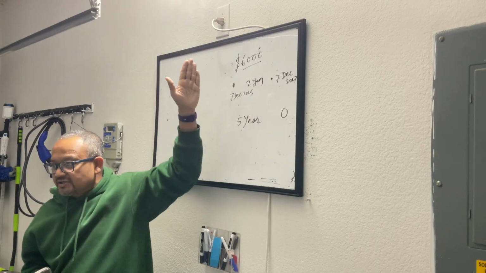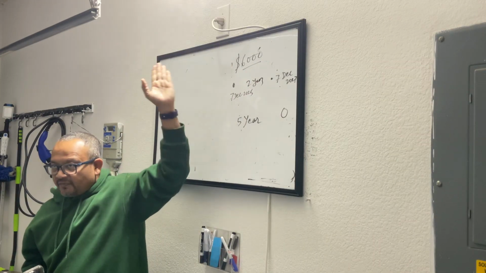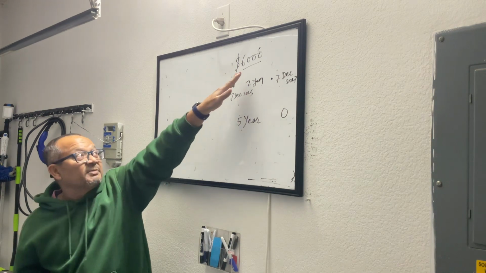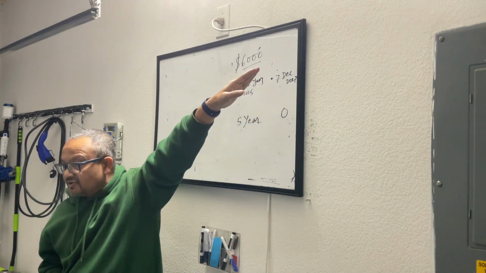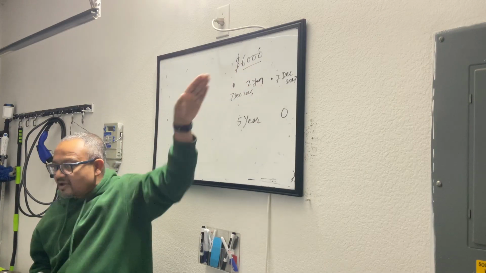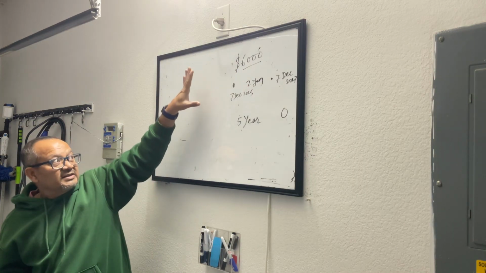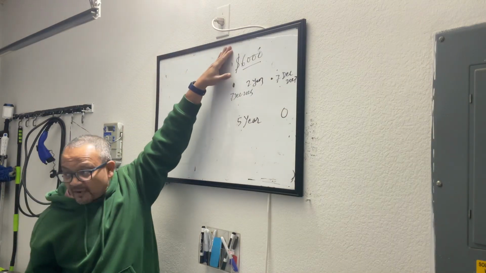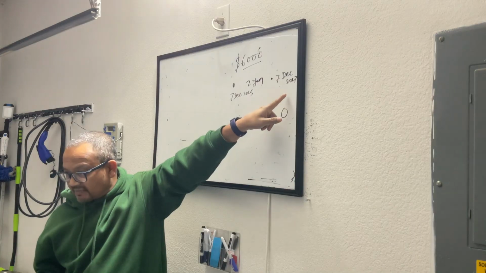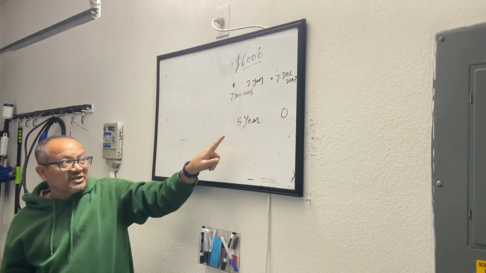So you took only 6,000, but your balance is 6,500. That's why this one says that on the day of purchase, the loan is 6,000, but after 2 years, it reaches the maximum, and after 5 years, it reaches 0.